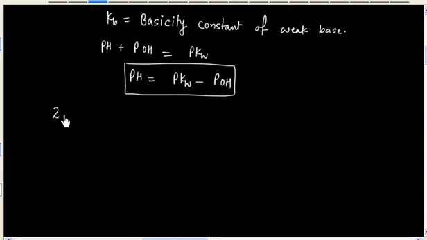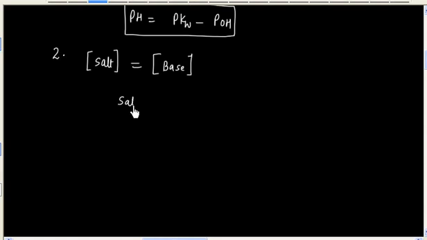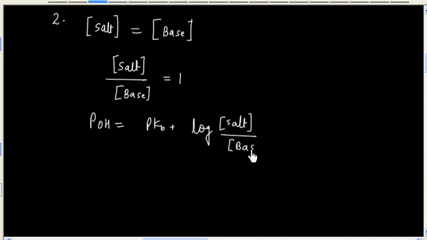Now next important point we have, if concentration of salt is equal to concentration of base, in that case concentration of salt by concentration of base is equals to 1. So we can calculate pOH using this expression, and this value is 1.